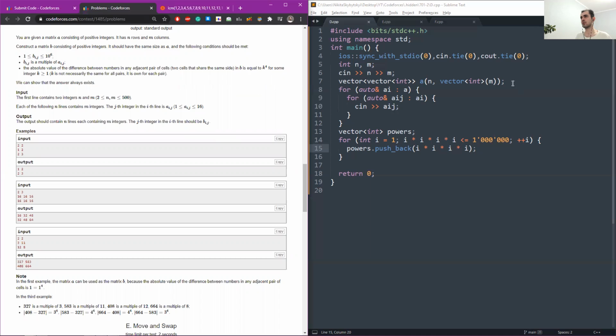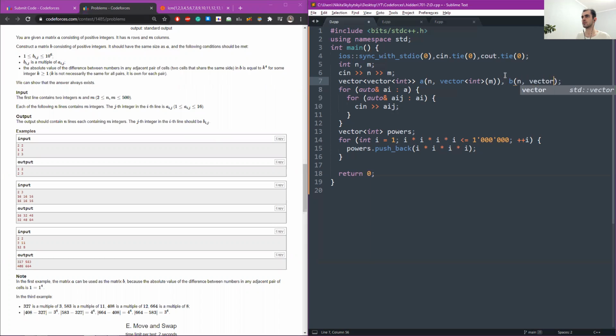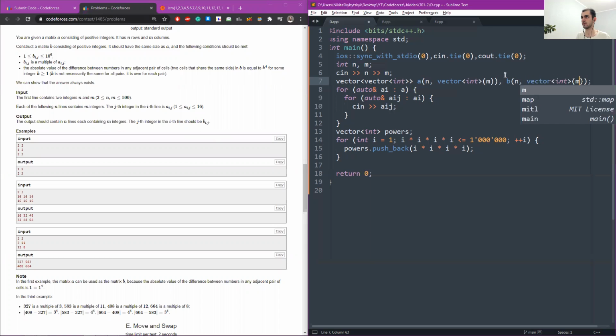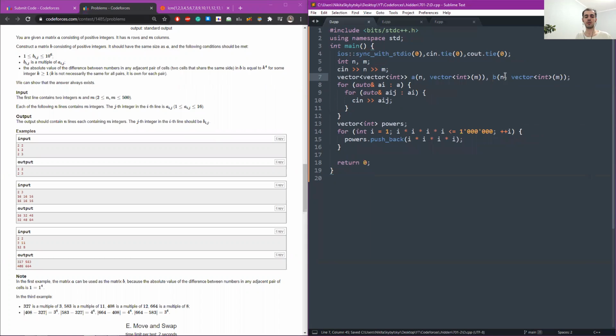Like the real problem is, suppose we are filling our matrix from left to right, and then we have two of them, and these already have predetermined values.